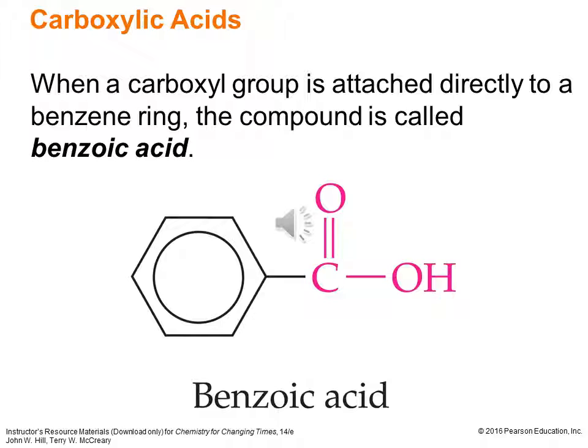And so in this case, because the benzene is our substituent, we call this benzoic acid. Most of the hydrocarbons, the carboxylic acid groups will give rise to this name that ends in oic acid. A few have common names, but official names should all end in oic acid for carboxylic acids.